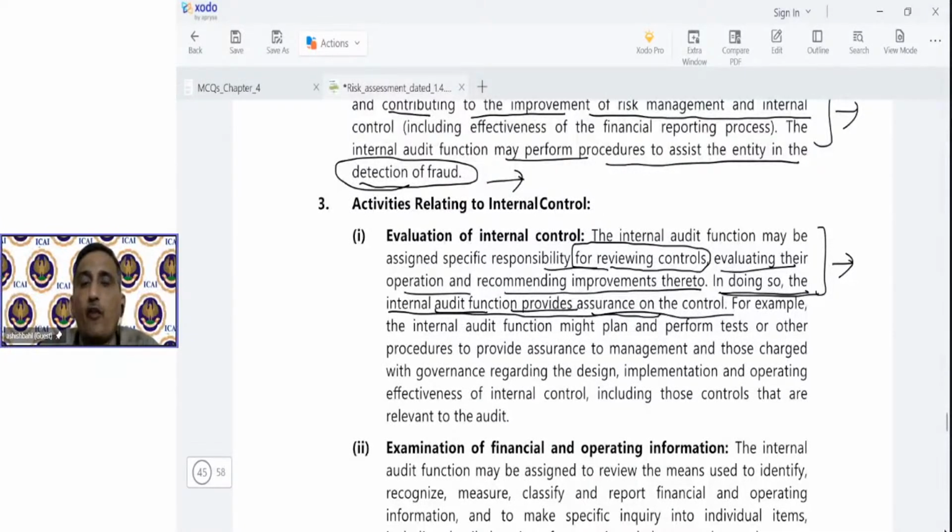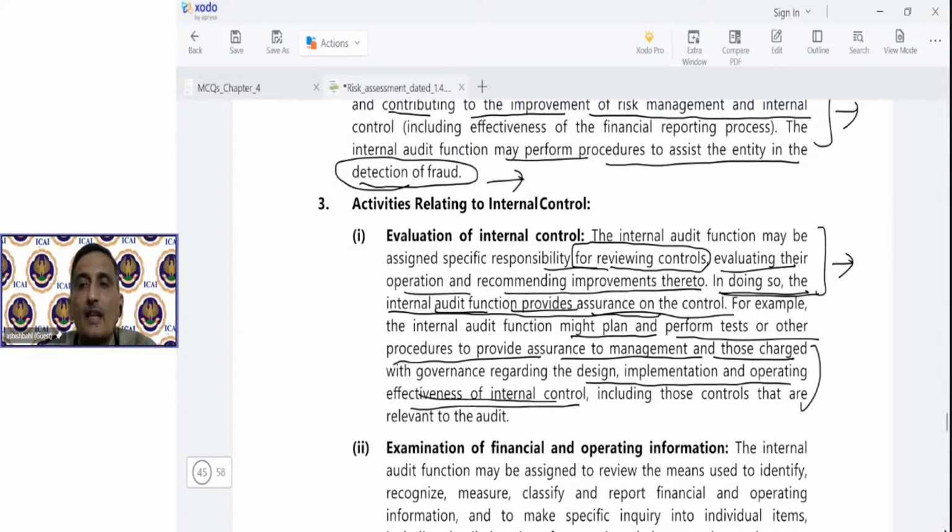So for example, the internal audit function might plan and perform tests or other procedures to provide assurance to management regarding the design, implementation and operating effectiveness of internal control.